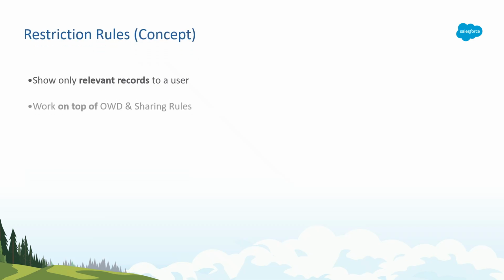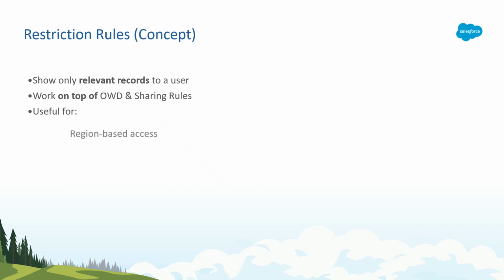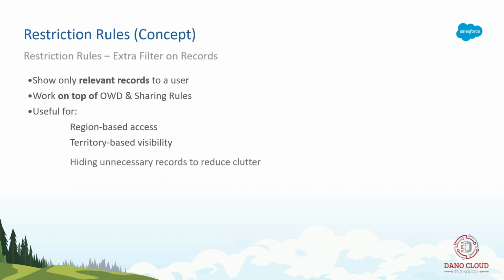Now let's talk about a powerful Salesforce feature called restriction rules. Restriction rules allow admins to limit which records users can see, even if sharing rules or the org-wide default normally gives them broader access. This is extremely useful when you want users to view only the data that is relevant to them.